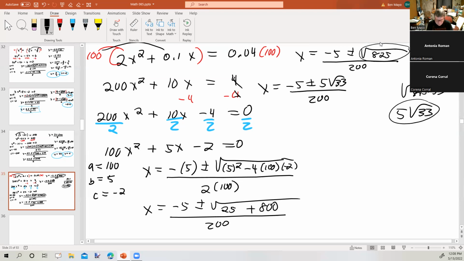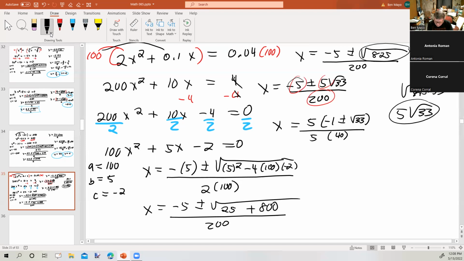All right. Any questions so far? We're not done with this problem yet. I see that this and this and this all have 5 as a factor. So I'm going to factor a 5 out of the numerator and out of the denominator.